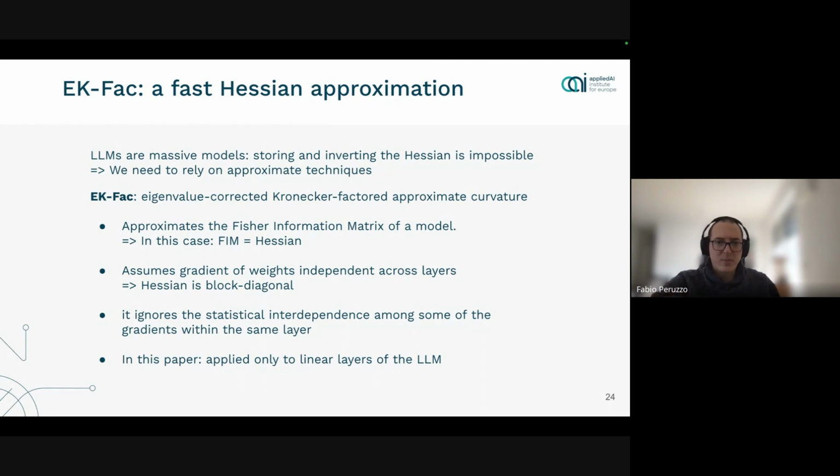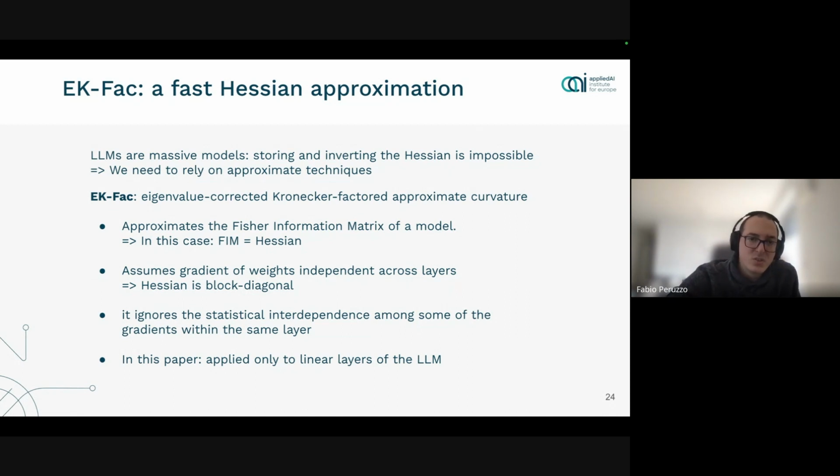It's a very complex name that describes a series of approximations, which I have listed here. We're not going to get through the math, but essentially, EKFAC approximates the Fisher information matrix of a model, which can be proved to be equal to the Hessian in our case. So EKFAC approximates the Hessian.